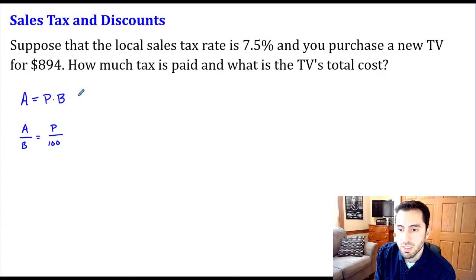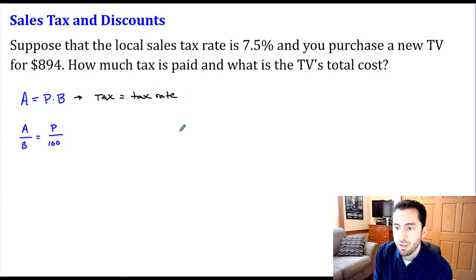So now to put this into context of our problem, instead of writing it out with variables, let's put our application terms in here. Our part A is going to be how much tax is going to be added on to our cost. So the amount of tax is going to be equal to the tax rate, which is given to us as a percent, multiplied by the cost of the item.